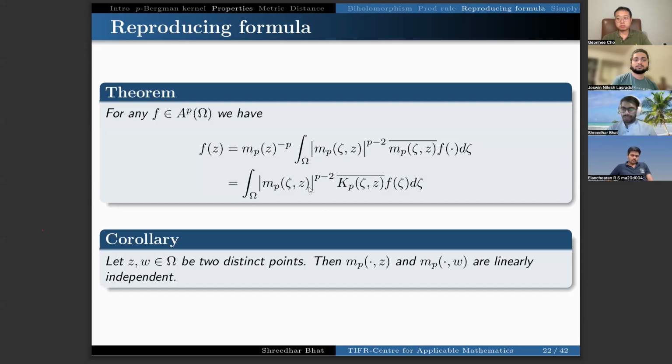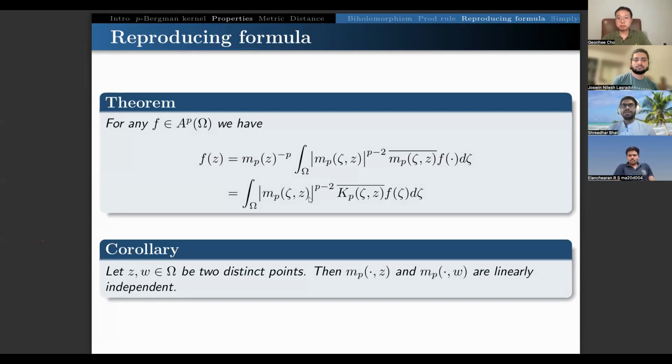So you started with defining a kernel as this extremal function, right? But it turns out that using that you can have a reproducing formula, but it is not as nice. For any function f in A^p, we have f of z will be this K_p conjugate times f, but there is also this nonlinear factor of this M_p you have to worry about.